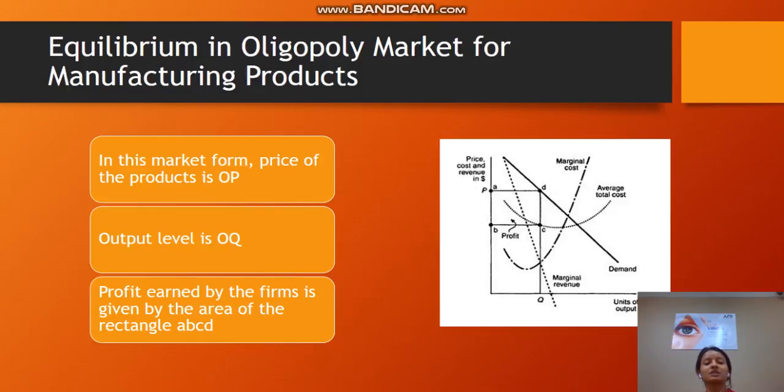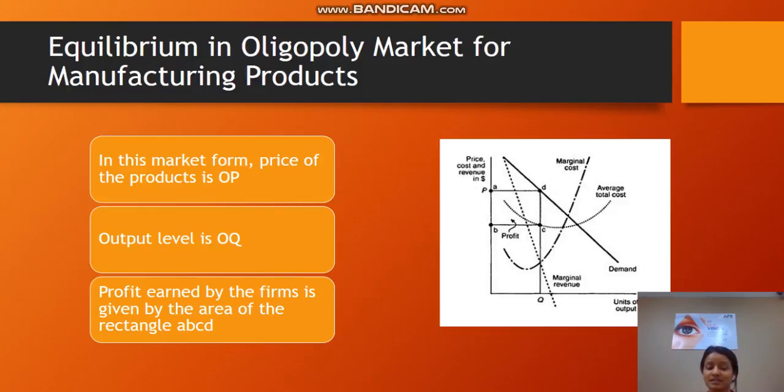Now let's talk about the equilibrium in the oligopoly market for manufacturing products. Here we have a figure, and now I would like to describe the figure in brief. Here the price of the product charged by the firm is OP as shown in the figure, and the output level with respect to that is OQ.